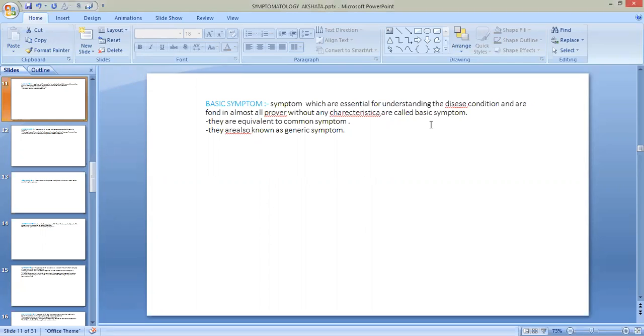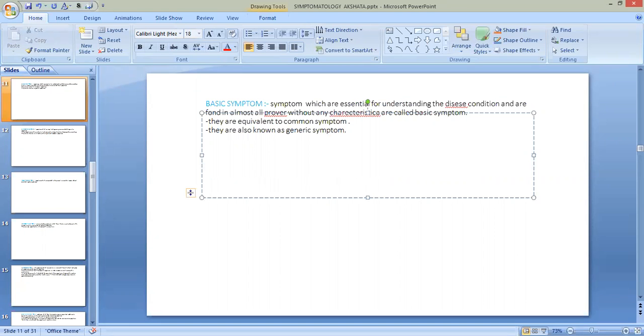As I told just now, these are nothing but the common symptoms of the disease, and in drug proving or in that disease condition, most of the provers or most of the patients give these common symptoms. So these are called as basic symptom, and they are also called as generic symptom. So the generic symptom, basic symptom and common symptom are nothing but the same concept.